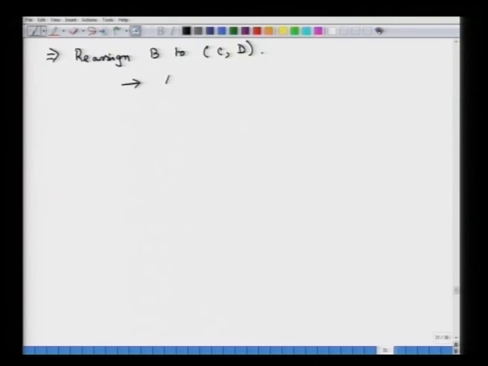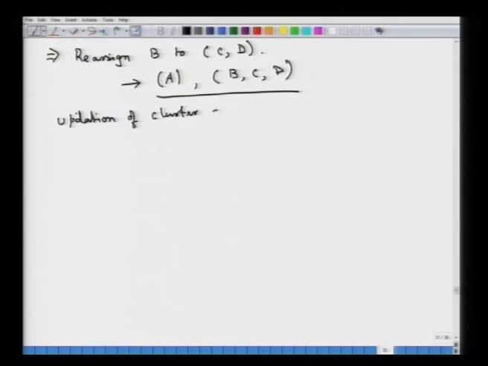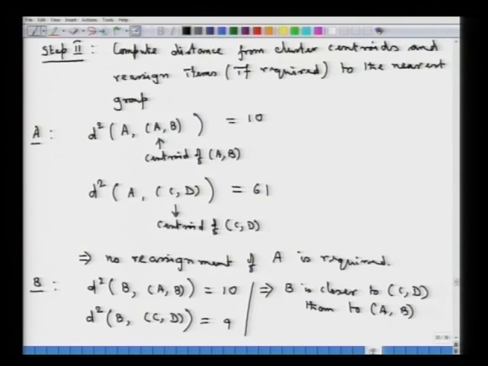Now, the setup gets changed as B is reassigned to CD. So, the new clusters are one cluster with the singleton case A, and another cluster with these three cases B, C and D, right. Since we have these two new clusters, we will require updation of what? Centroids, updation of cluster centroids, because the previous centroids were for the randomly allocated terms.